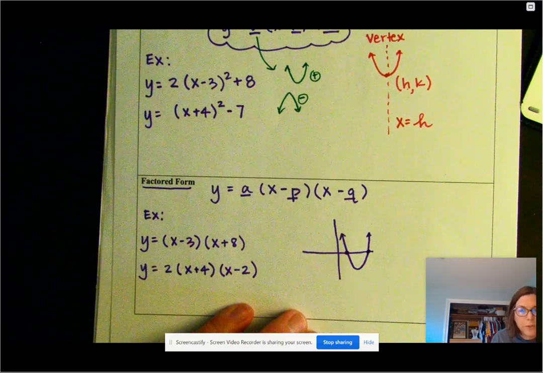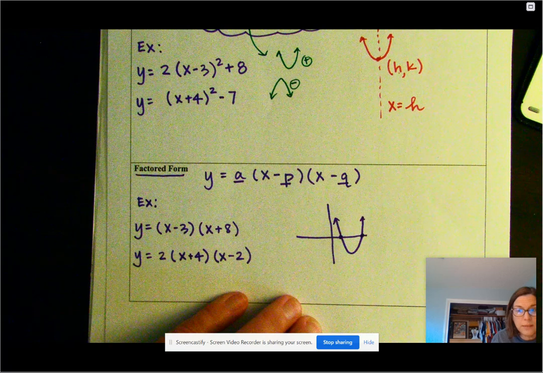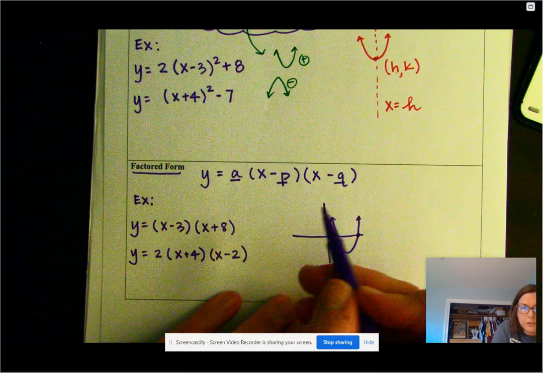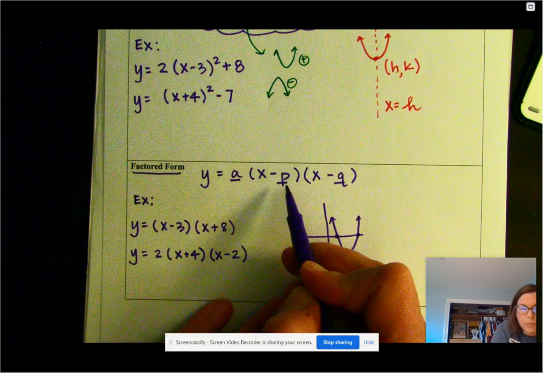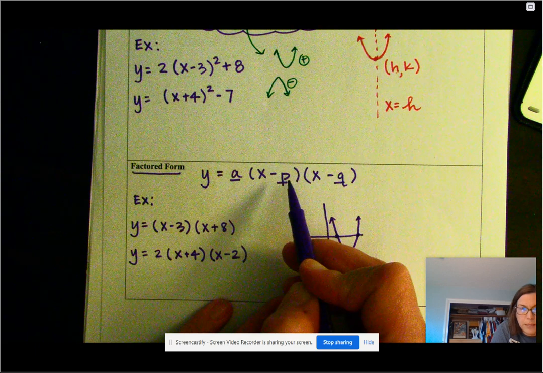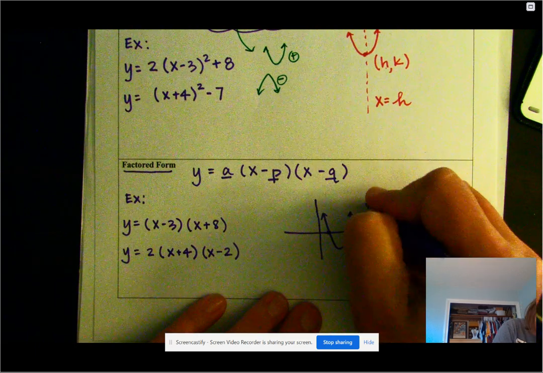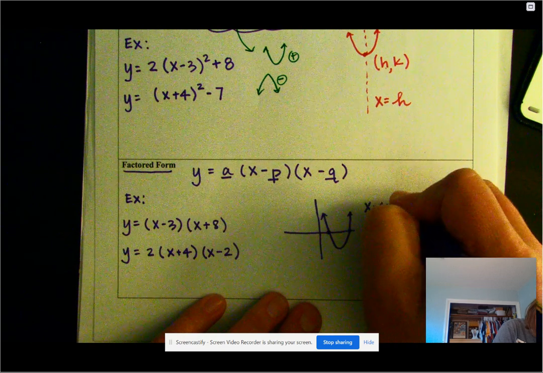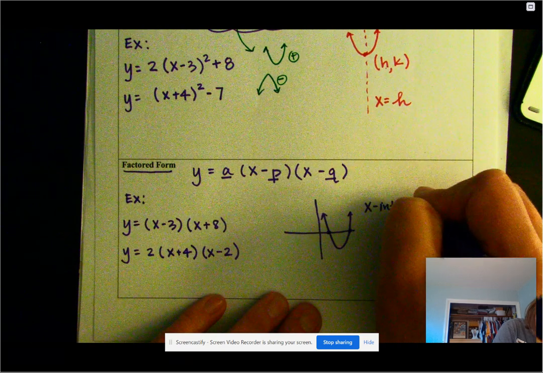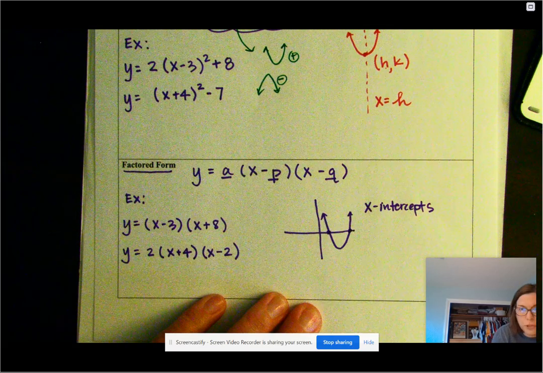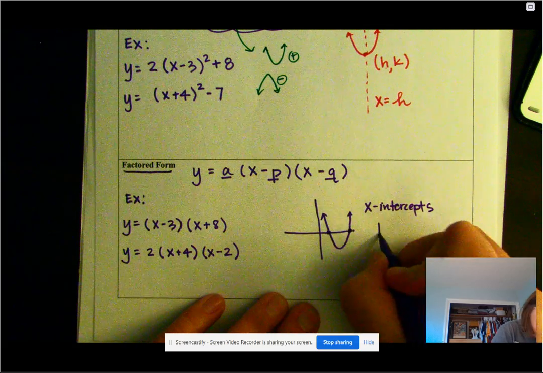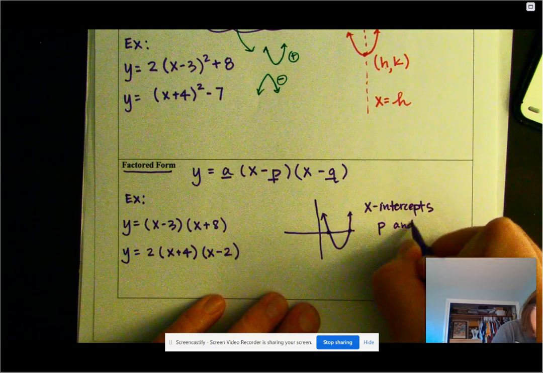And in factored form, it's really easy to see those. The x-intercept is whatever P is and whatever Q is. So the x-intercepts, also known as the roots or the solutions, are P and Q.